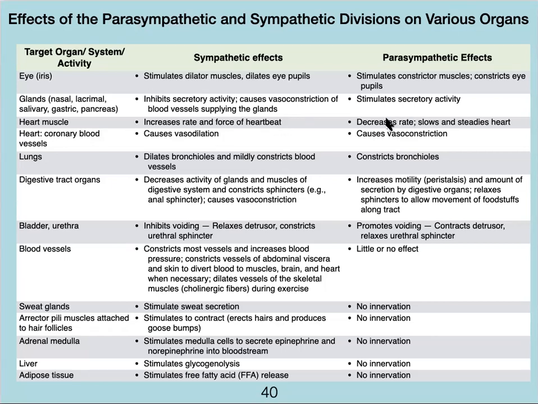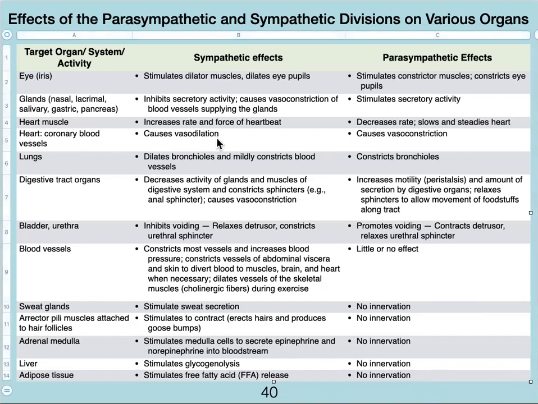Parasympathetic effect is slowing the heart down, decreasing the heart rate. And as we mentioned, the heart is considered a vital organ in crisis. So coronary blood vessels are going to dilate under sympathetic innervation and constrict under parasympathetic innervation.